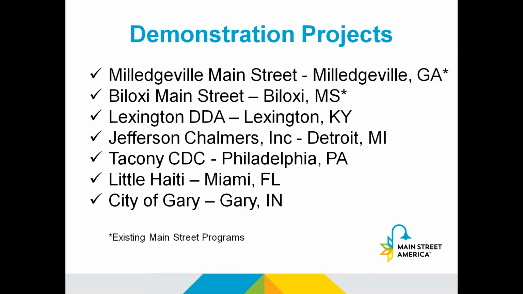So one of the cool things about all these changes that are coming down is that the National Main Street Center has selected 7 communities to work with across the country on a beta launch of all this. And we are really happy to announce that Milledgeville, our very own Milledgeville, has been selected to participate in this beta launch.